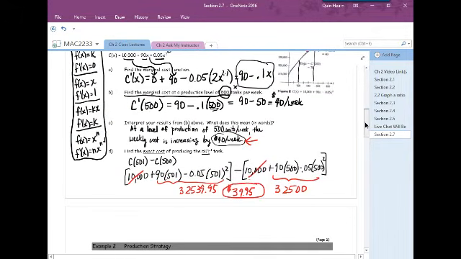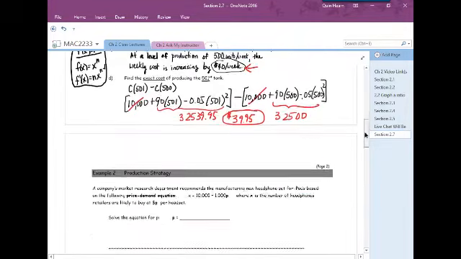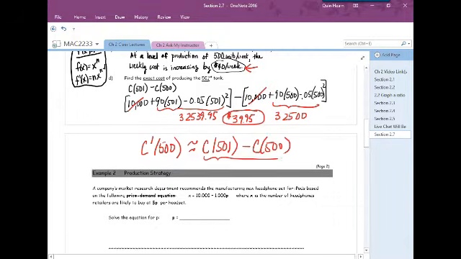You will have problems like this one. And I just want to point out that the marginal cost of the 500th unit is approximately the cost of the 501st minus the cost of the 500th, which is the exact cost of the 501st unit of production.